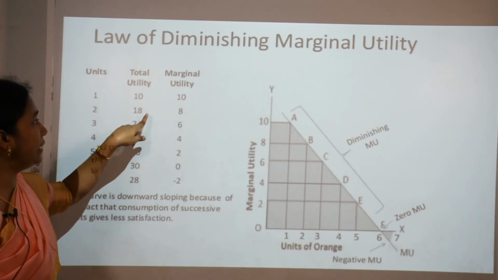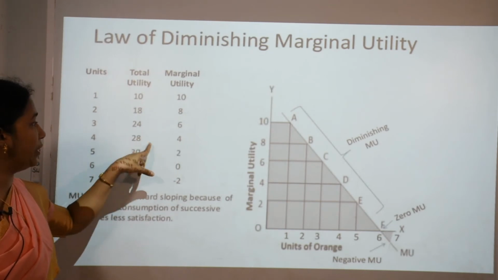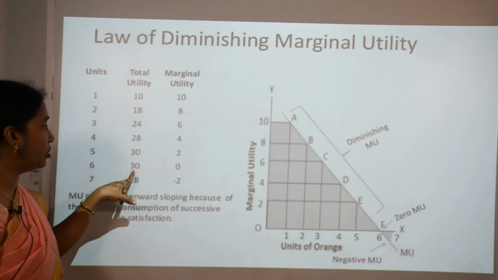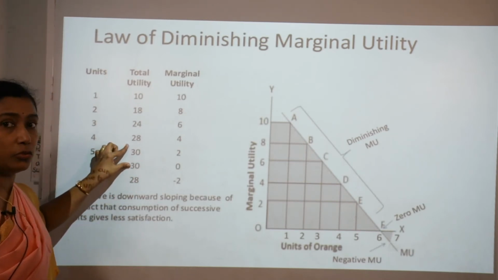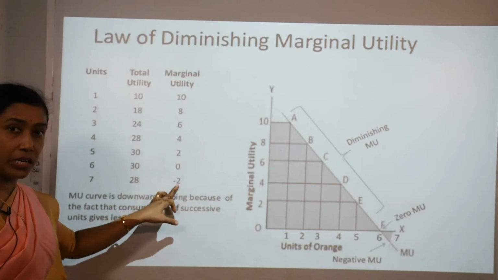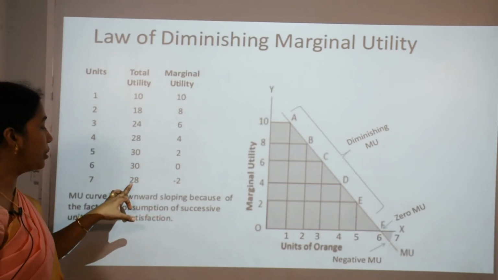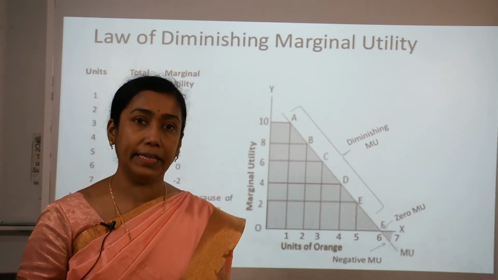Then 10 plus 8, 18, then 18 plus 6, 24, 24 plus 4, 28, 28 plus 2, 30, 30 plus 0, 30 again. So at this stage the total utility is constant, it is the same. When marginal utility is negative, the total utility will keep on declining.